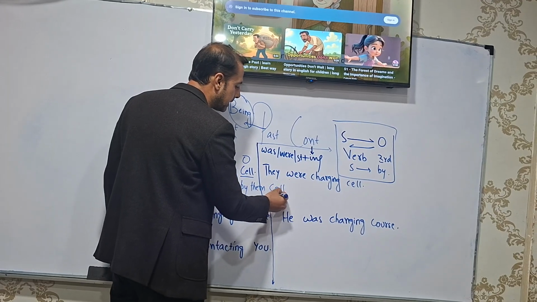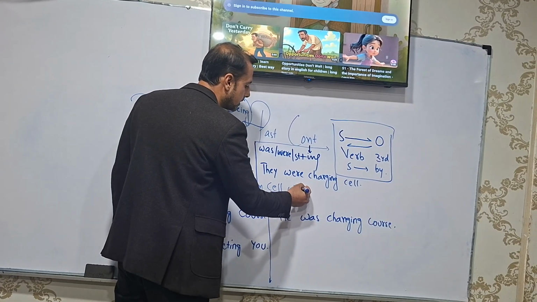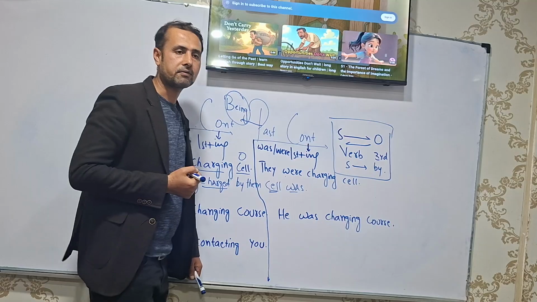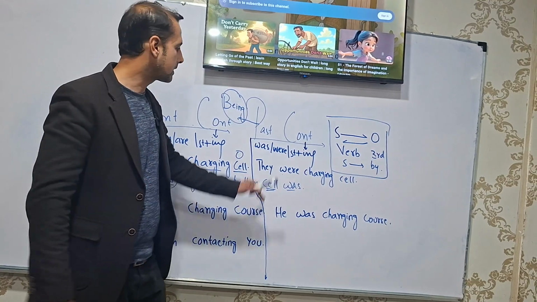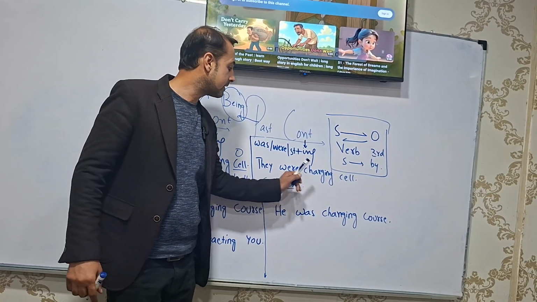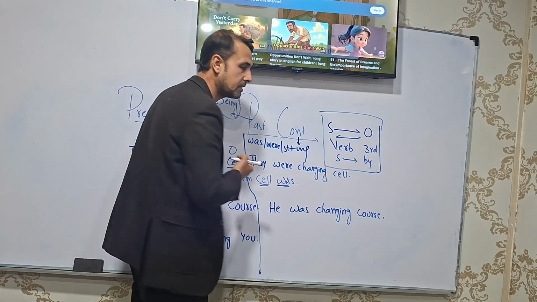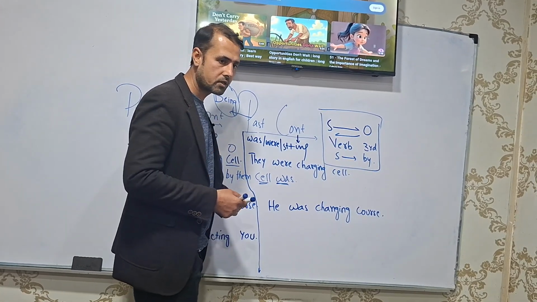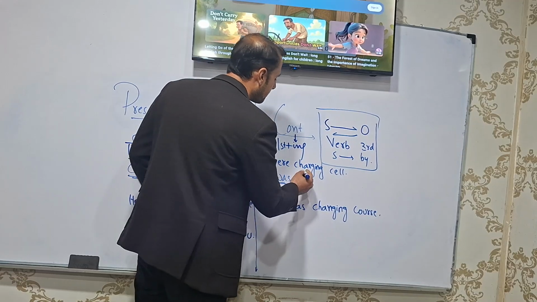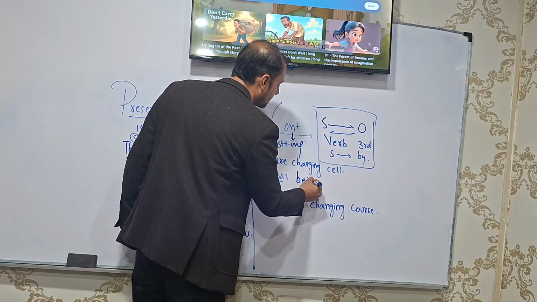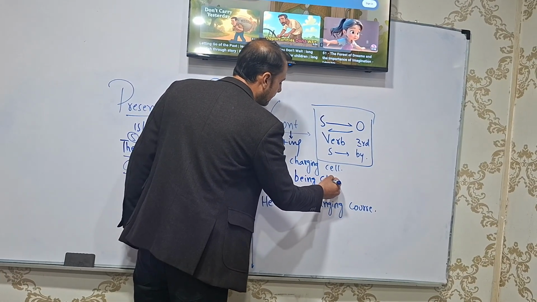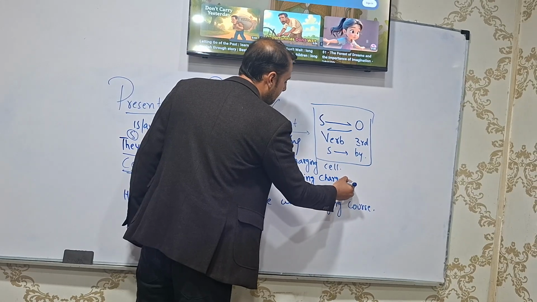The sentence would remain the same. What would change? Instead of is, am, are, we are going to use was, because here we are talking about they were charging cell. So I would be using the past indicator, which is was. Cell was being charged by them.